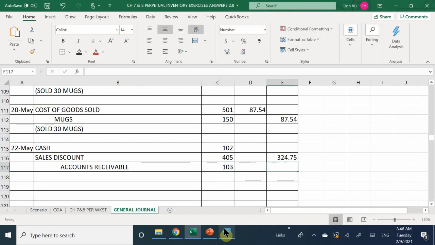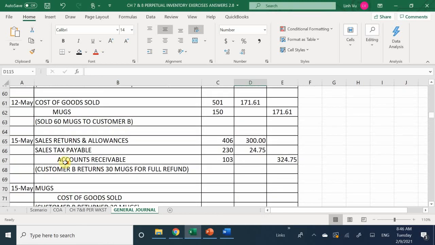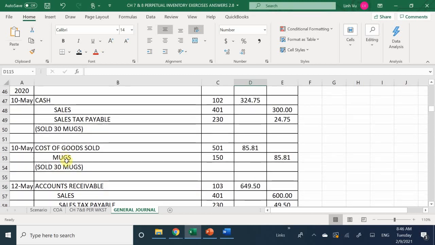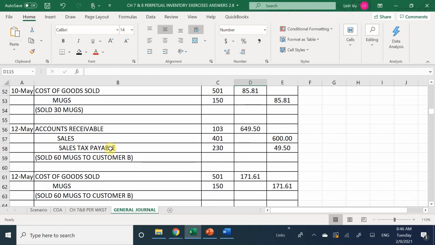So from here, we know that he owes me $324.75, right? But how much cash are we actually going to be receiving? We're going to be receiving less because he got the discount. So how much is he getting a discount off of? All right, let's look at the scenario again. If he came to my store, purchased 60 mugs, and then on the 15th, he decided to return half of them.